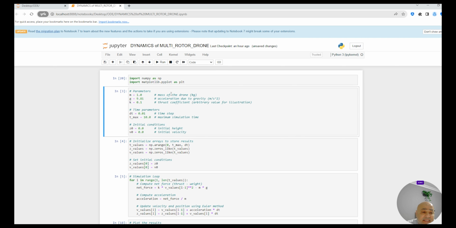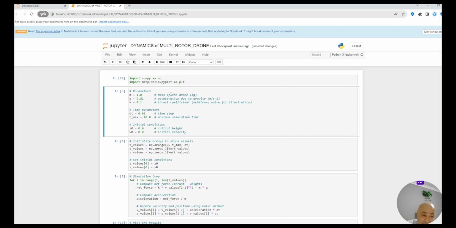The first thing I did in the second cell is define my parameters, and the parameters are going to be m, which is the mass of the drone, g, the acceleration due to gravity, and k, the thrust coefficient, which is related to the motors. Then I am going to consider the time parameters, which is the starting time and the step.